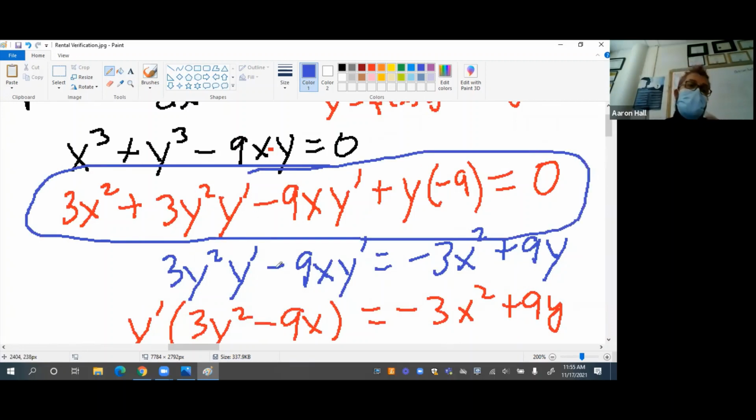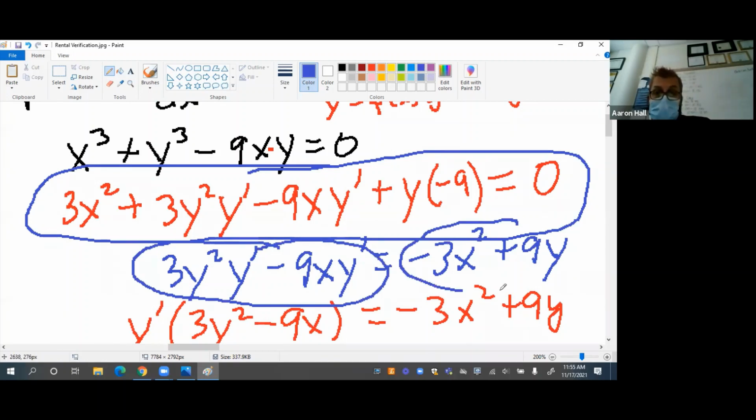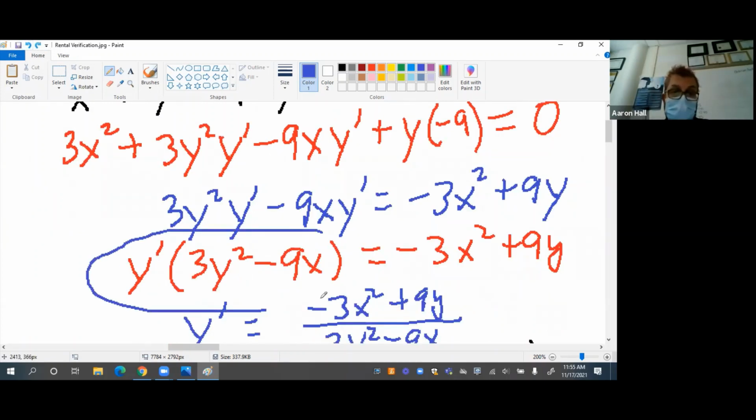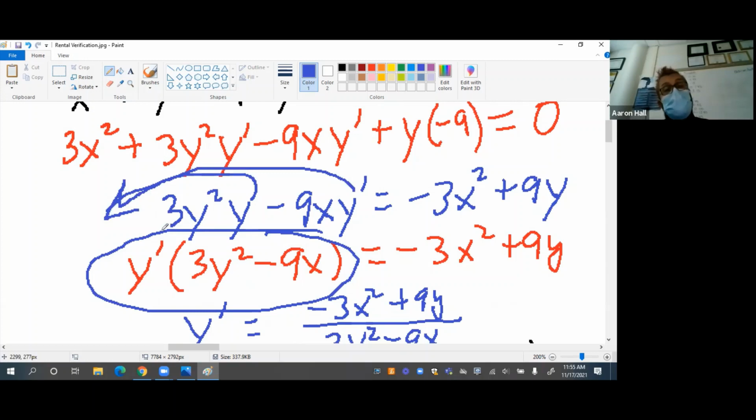Any terms that have y prime in them, I want to move to one side, and anything that doesn't have y prime, I move to the other side. Why is that helpful? Because let's look at the next line. What can we do on the next line? Yeah, we can factor out a y prime.